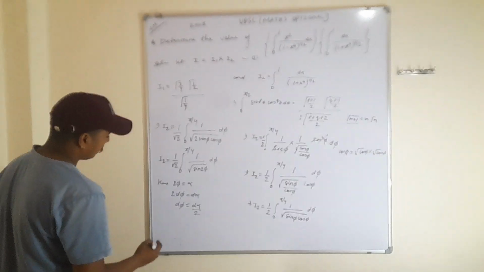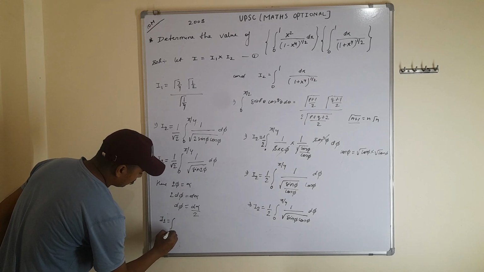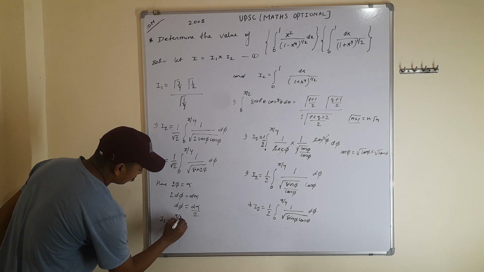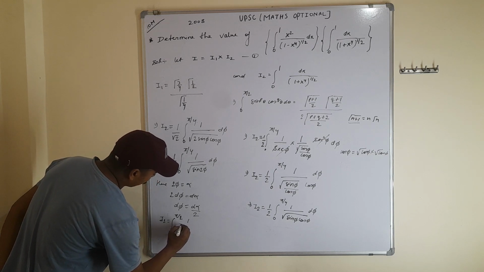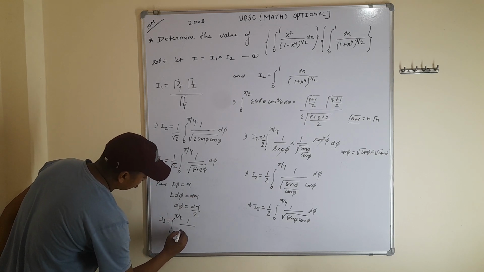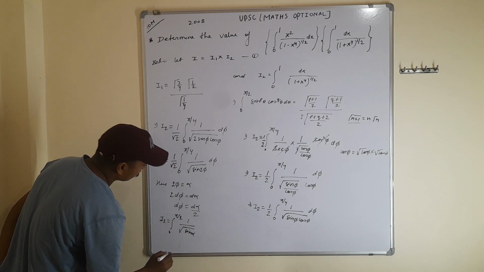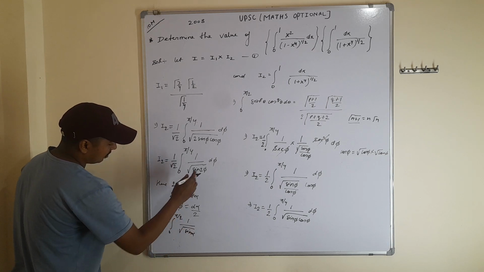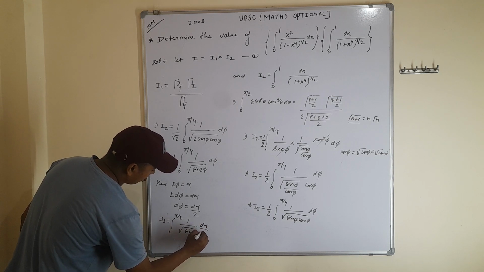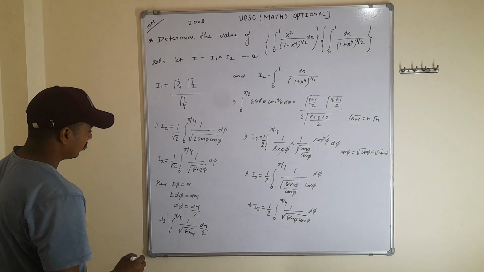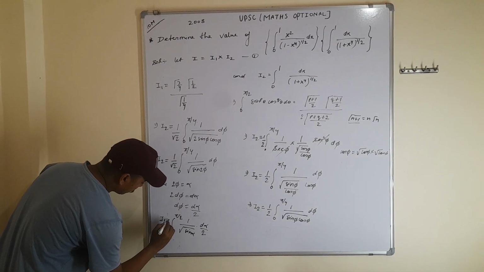Changing limit, I2 is equal to integral 0 to pi by 2, 1 upon under root sin alpha, and d phi is written as d alpha upon 2, and 1 by root 2 is already present.